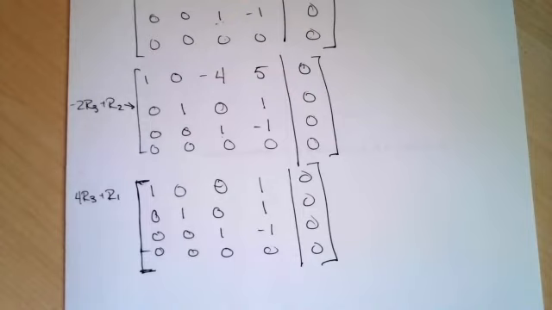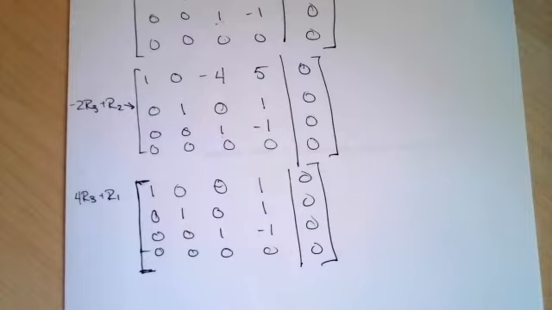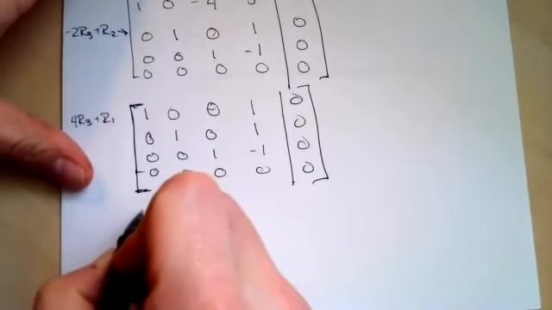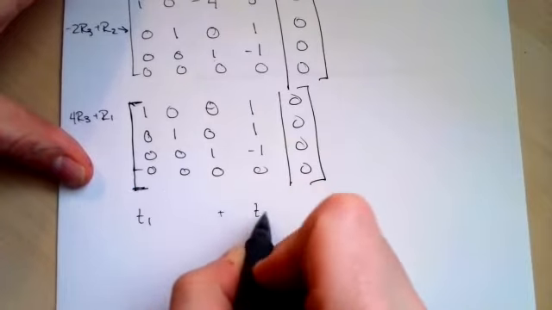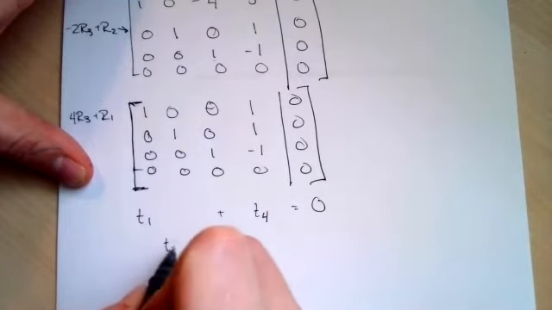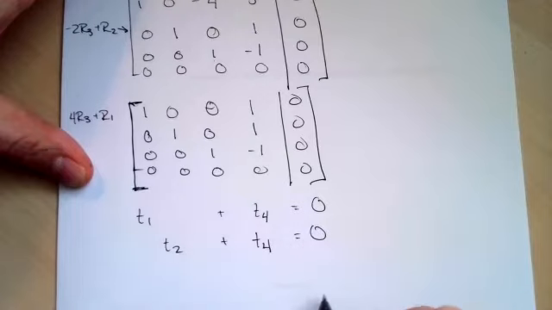But what is this telling us? This is saying that the system of equations that we originally started with can be reduced down to this system of equations. In other words, the system of equations we now have is going to be T1 plus T4 is equal to 0. T2 plus T4 is equal to 0.